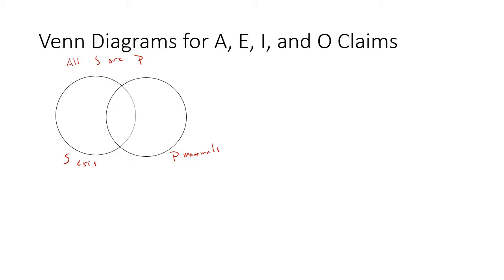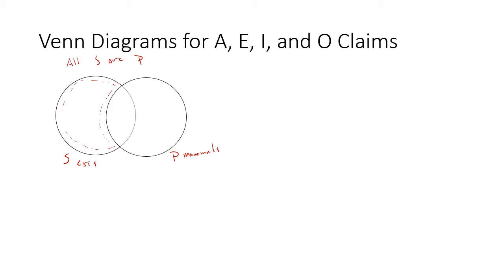So another way to think about that is that this area over here, and I'll outline it here, if this sentence is true, would be empty. So there would be nothing that is a cat that isn't a mammal, right? All the cats would be living over here in the overlap in the middle.